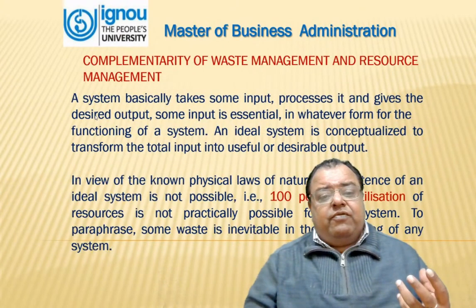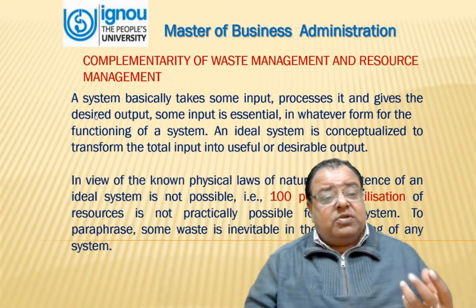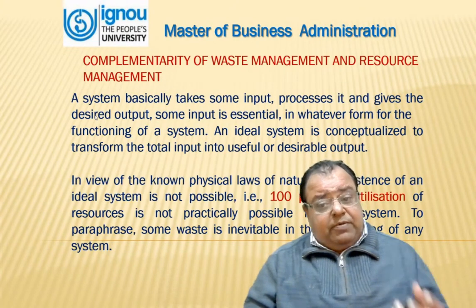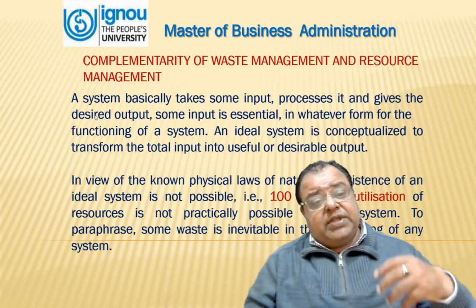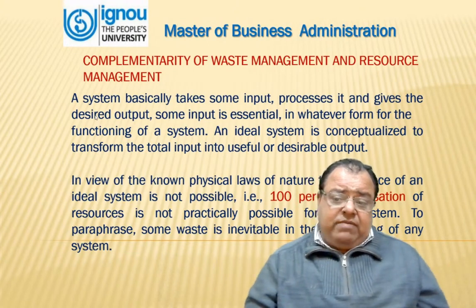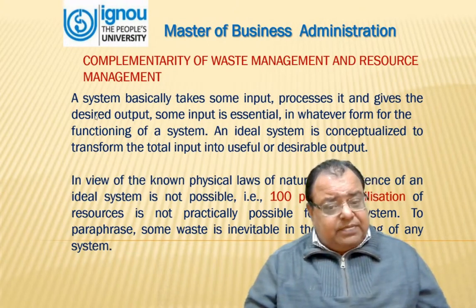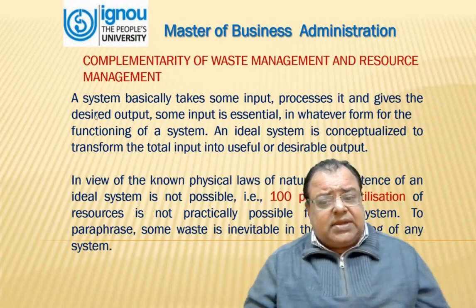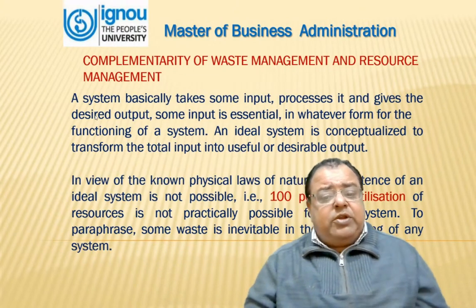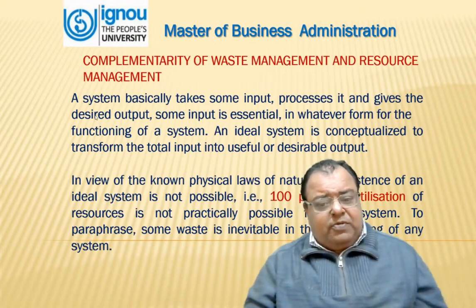Complementarity of waste management and resource management. A system basically takes some input, processes it, and gives the desired output. Some input is essential in whatever form for the functioning of a system. An ideal system is conceptualized to transform the total input into useful or desirable output.